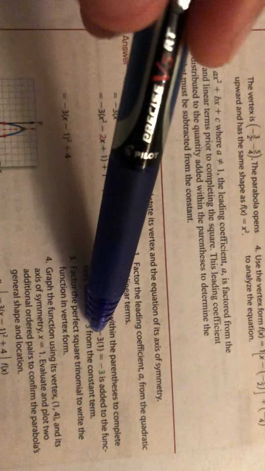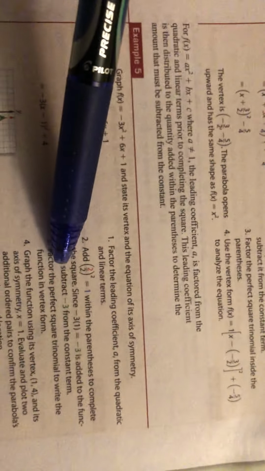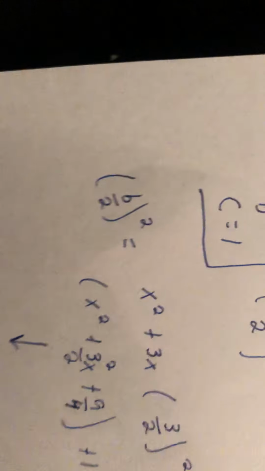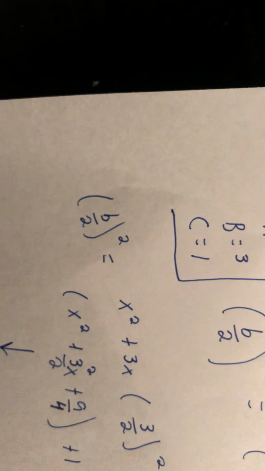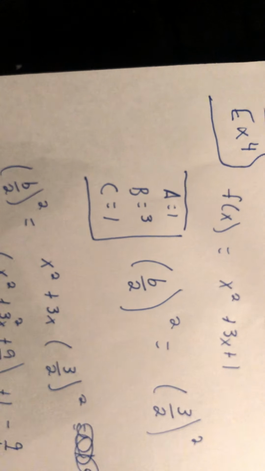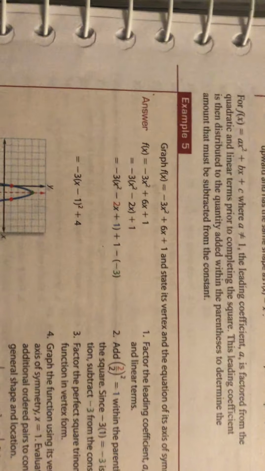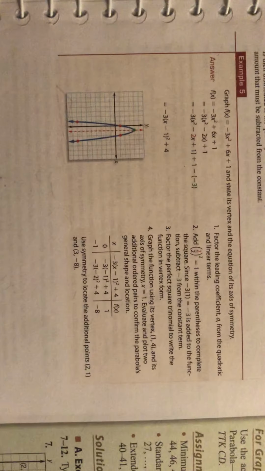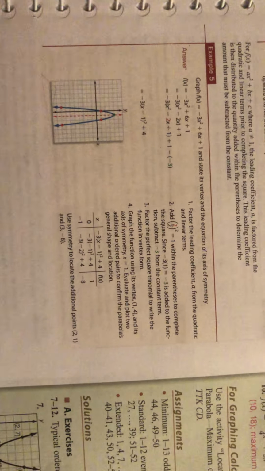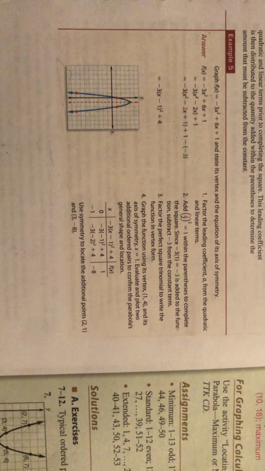So remember not to forget to use, and I'll take you back to example 4, your b over 2, and that's for completing the square. All right, and so just make sure you implement that in and solve it just like you would the previous equation on example 4. Use the exact same simplification for example 5.